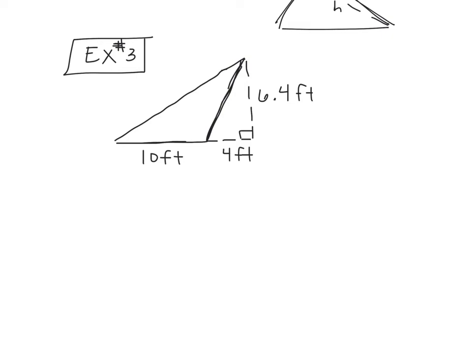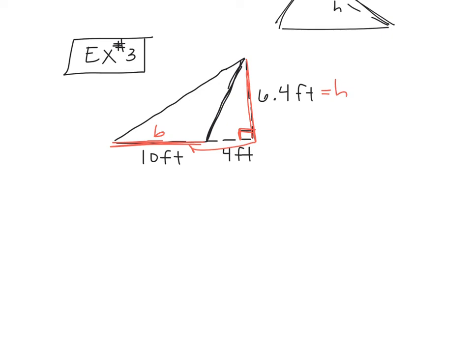So here's the question. If we're doing 1/2 base times height or base times height divided by 2, what's your base, what's your height in this picture? Your base is 10 feet. Your height is 6.4. Okay, so this is B. This is H, right? Because it's perpendicular to my base over here.